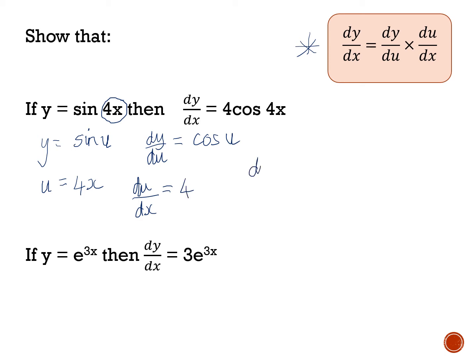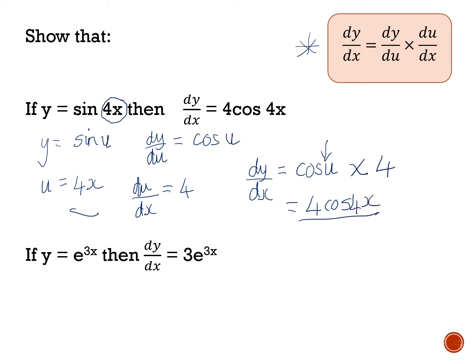Okay, so by our chain rule then, dy dx is equal to dy du times by du dx. I'm just going to simplify my answer. I'm going to put the 4 at the beginning, and because my original function didn't have a u in, I'm going to replace u back in with what u was, which was 4x, and you can see that I get exactly what I was expecting to get.